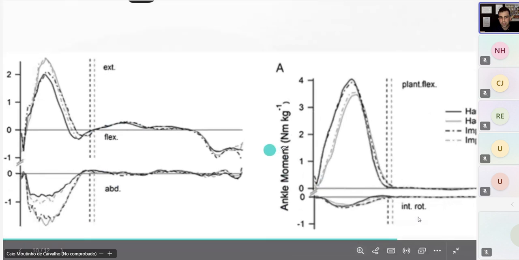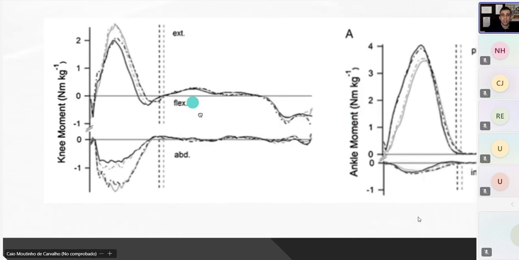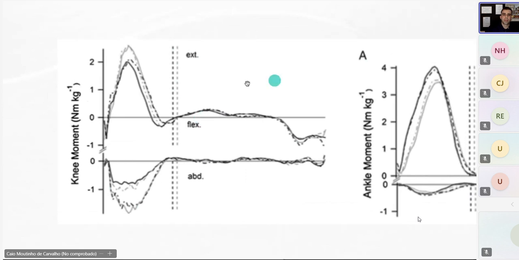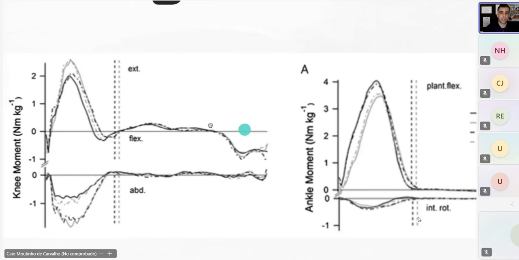So, just so you know, the rear foot is the gray one and the forefoot is the black one. As you can see here, the extensor moment of the knee is way bigger when we're talking rear foot than it is with the forefoot.